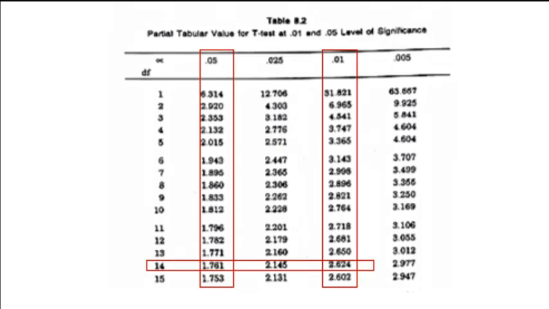Saan nakuha yung 1.761? Ginamit natin tong table na to for t-test. Kung makikita nyo, ang degrees of freedom is 14. Ang intersection ng 14 degrees of freedom and level of significance na 0.05 is 1.761, while the intersection of 14 and 0.01 is 2.624.